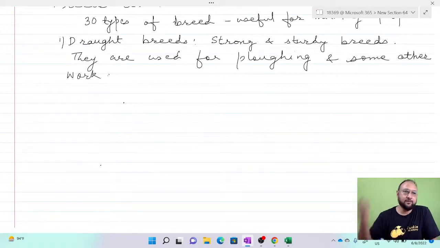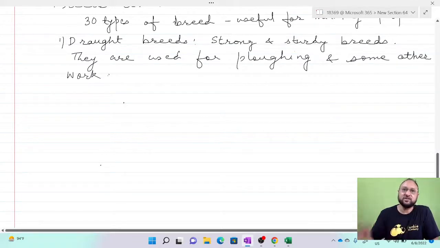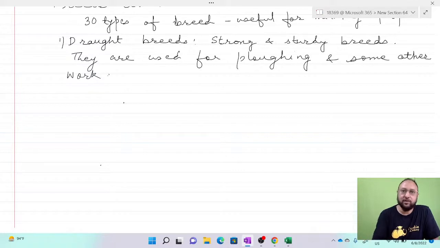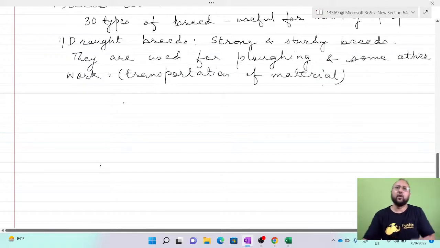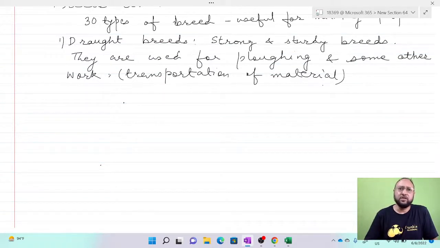Also for transportation, transporting material from one place to another. Other work, we can say, is transportation of material. So these are the works done by these draught breeds.